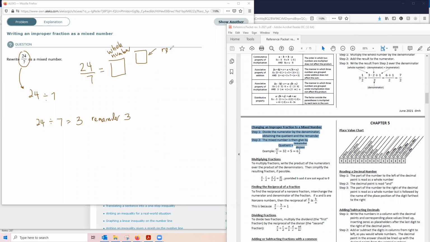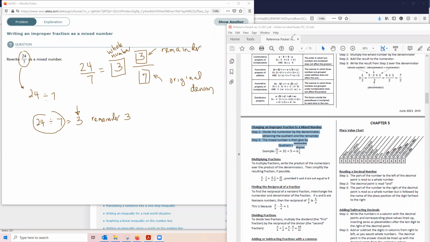This box is going to be the remainder, and this box on the bottom is going to be the original denominator that you started with. Well, the original denominator we started with is 7. And when I work out 24 divided by 7, the whole number part of it is 3. But 3 times 7 is 21. That means there's a remainder of 3. So I would write this as 3 3/7 as the answer.